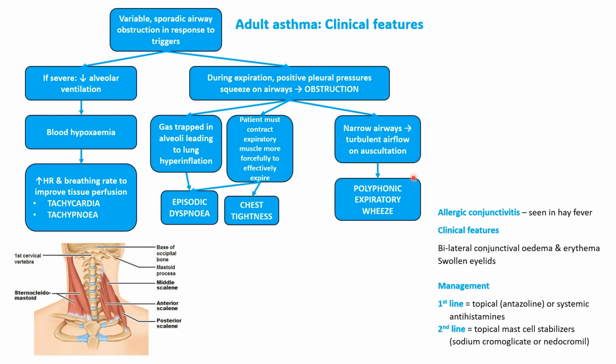So there's basically a spectrum of the severity. But the fact that they're paroxysmal means that the short attacks might sometimes be missed, in terms of when you take a history or when you examine the patient. Okay, but during these attacks, it's reported as a polyphonic, so lots of different sounds, expiratory wheeze on expiration. Okay.